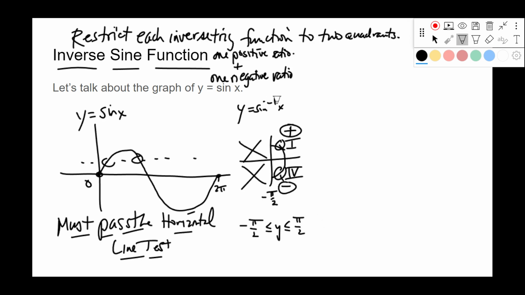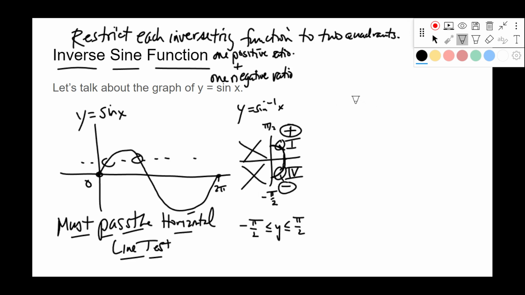So the inverse sine exists from negative pi over 2 to pi over 2. That takes me around quadrant 4, because for negative pi over 2, I have to go down to here. So negative pi over 2 through pi over 2. These are my restrictions for the inverse sine. Okay? And the reciprocal functions are similar, but not exactly.